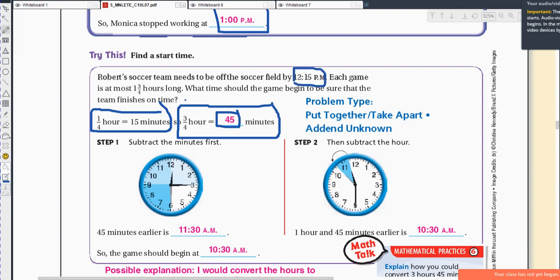We have 12:15 p.m., and we are going to subtract from it. What time should the game begin to be sure that the team finished on time? So we are going to subtract 1 3/4 hours from 12:15.